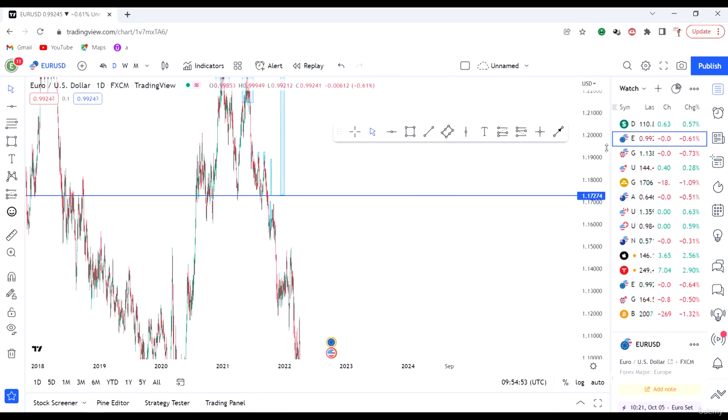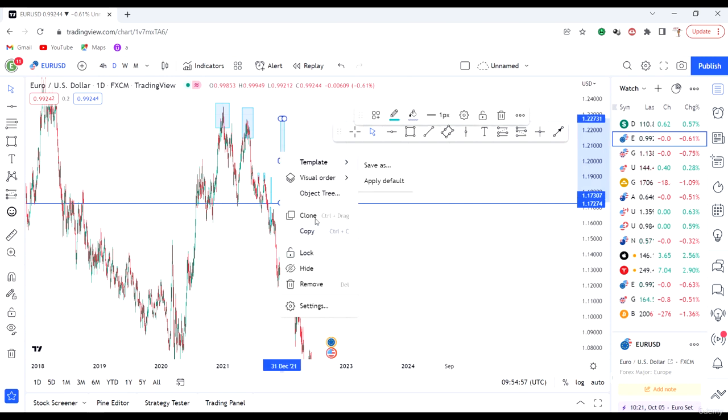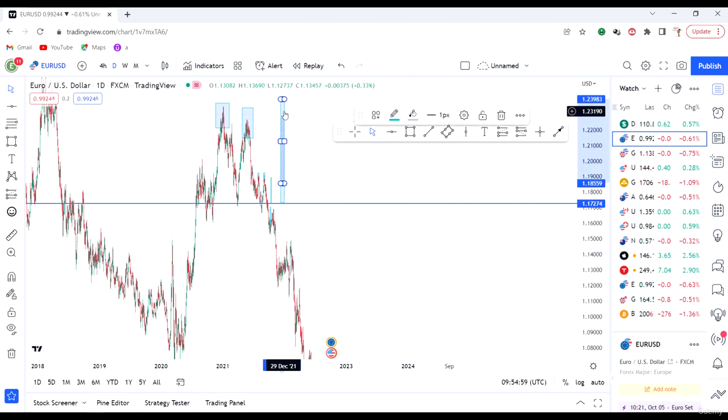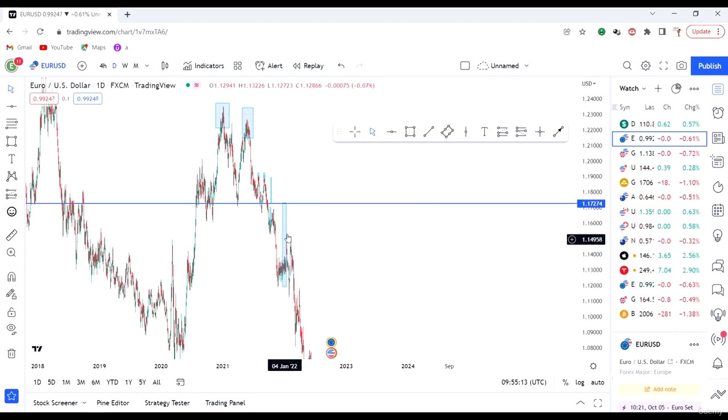If we just duplicate this here, we'll see that we were able to make this much profit. Now the principle of the double top has been maintained in this example again.